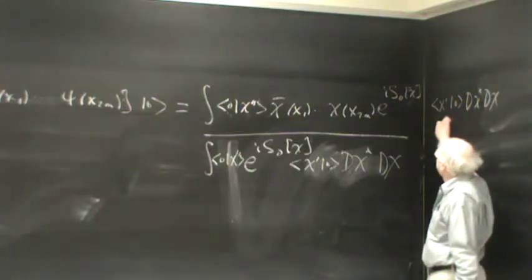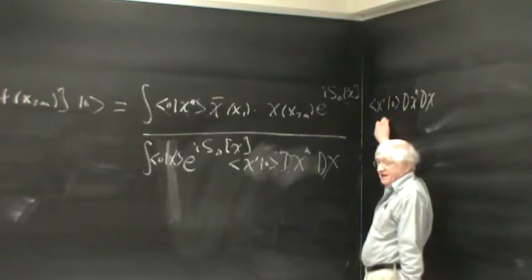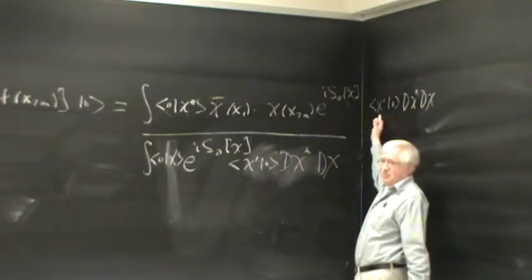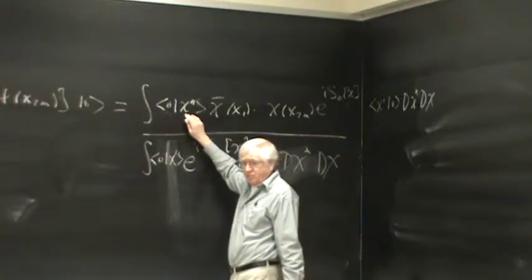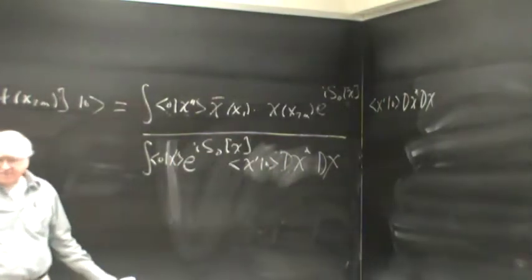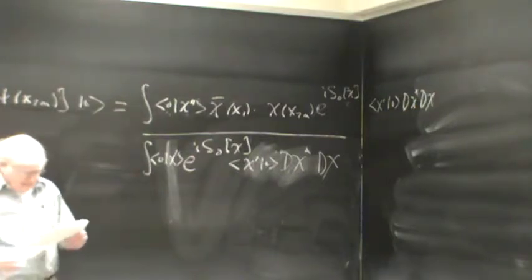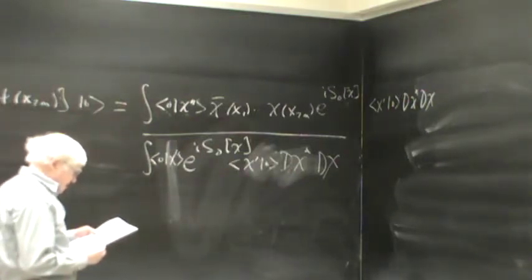This one would be something like e to the minus chi prime dagger, chi prime star chi prime in some sense, some quadratic form in chi prime. And this would be some quadratic form in chi double prime. Those would lead to the I epsilon, the correct I epsilons, just as they did for bosonic fields. So I'm sort of skipping that.